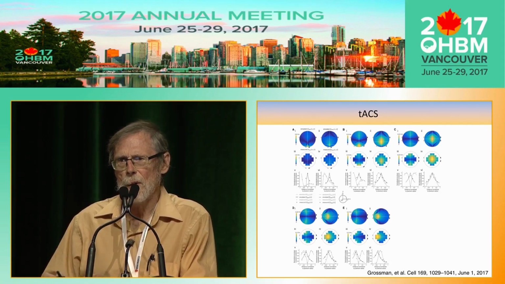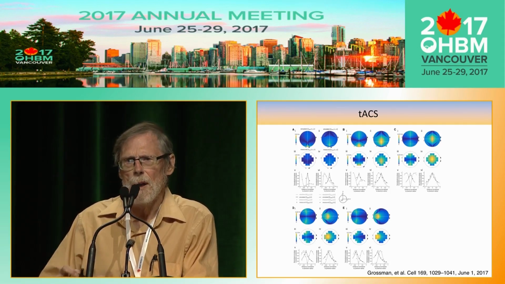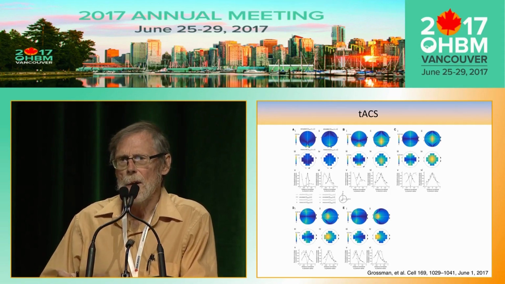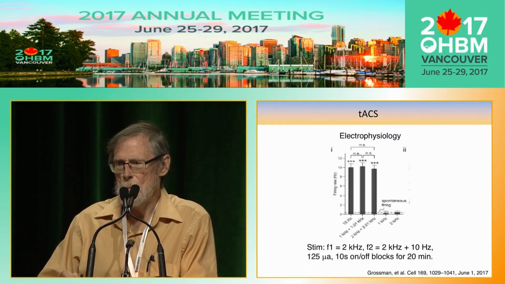In this case, they're interested in deep brain regions. These are simulations that show that by changing either the location or the amplitude of the currents, you could steer in some measure only the low frequency component of the signals.